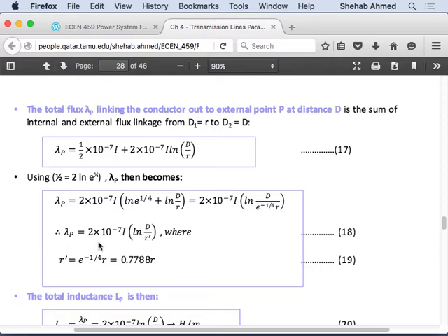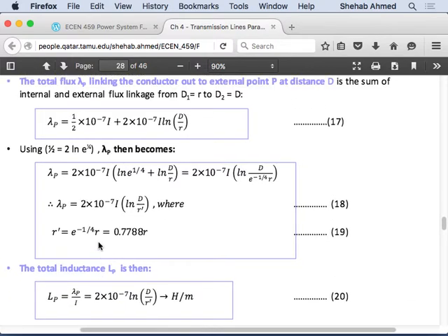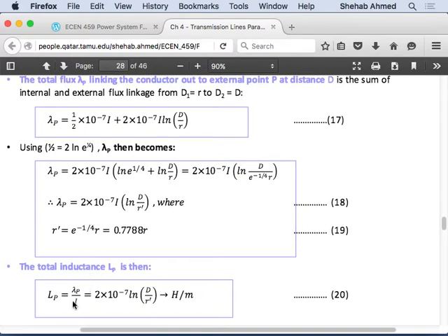Of course, we talked about the inductance being the total flux linkage divided by I, the current of the specific conductor I want to calculate the inductance for. The inductance is 2 times 10 to the minus 7 natural log D over R, Henry per meter. This is the inductance of the transmission line, Henry per meter, if it's a single conductor.